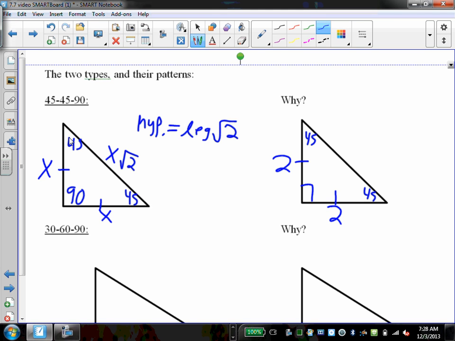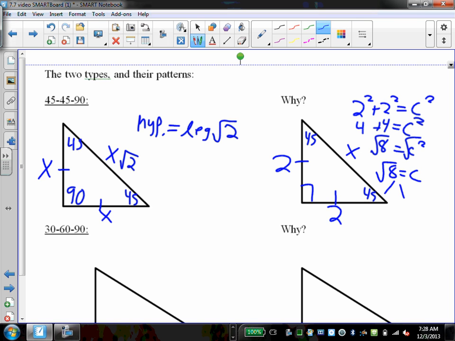If we use Pythagorean theorem to find the hypotenuse, we're going to get 2 squared plus 2 squared equals c squared. That's 4 plus 4 equals c squared, which is 8 equals c squared. Take the square root of that. To simplify the radical that is square root of 8, we'll make a factor tree.